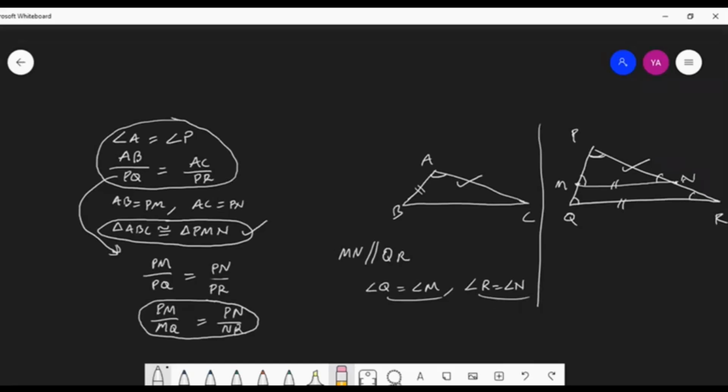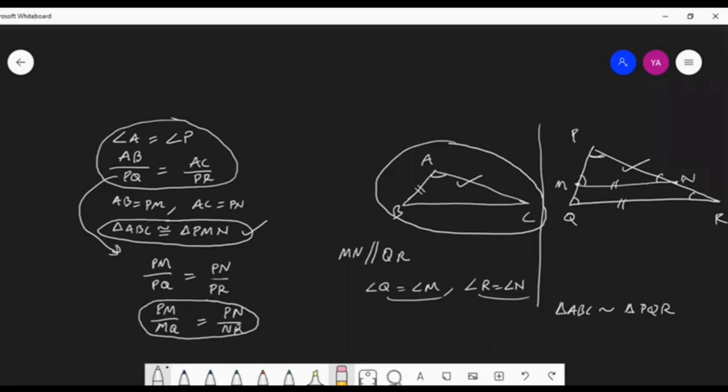So connecting these two ideas, angles of triangle ABC are also equal to angles of triangle PQR. And hence, by the first criterion, since the angles are equal, triangle ABC will be similar to triangle PQR. And that's the proof.